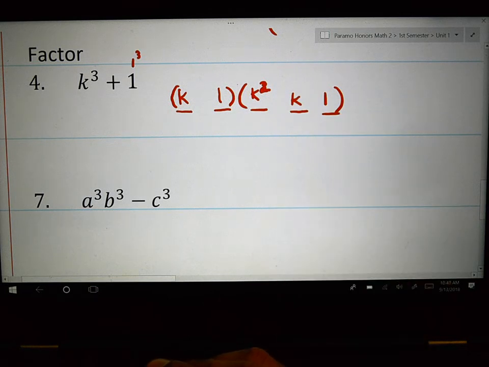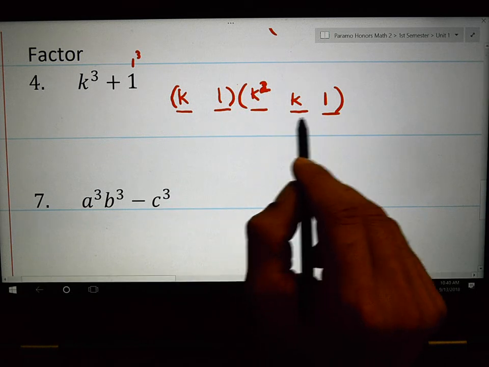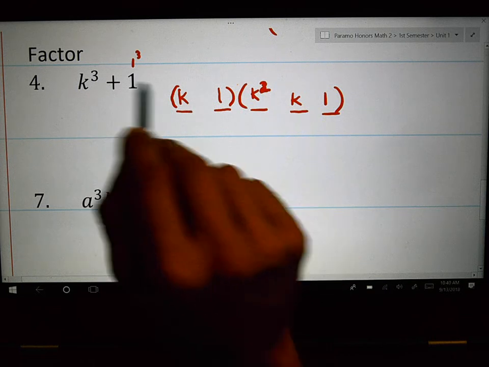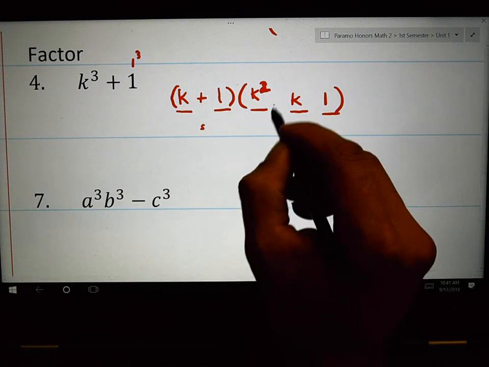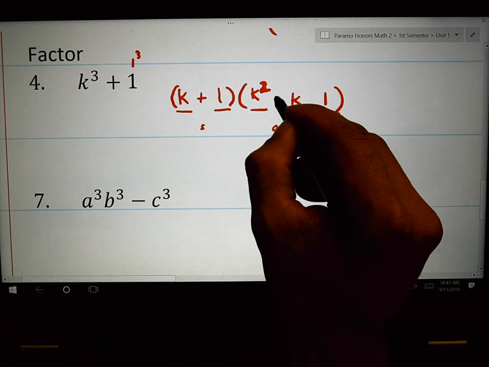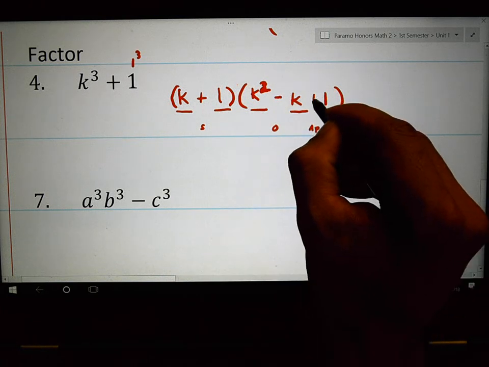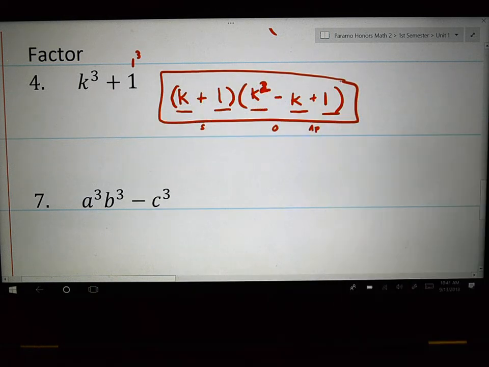And then I use SOAP for this blank: same, opposite, always positive. Same means it needs to be the same sign as what we started with. Plus. Opposite of a plus is minus. AP stands for always positive. This should be a plus sign. And this is your final answer, factored.